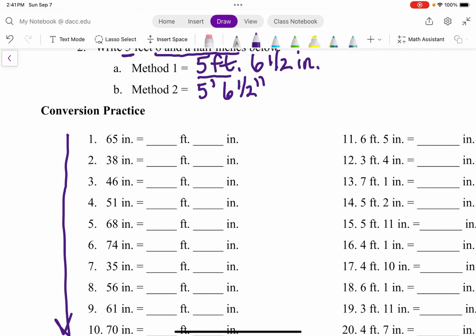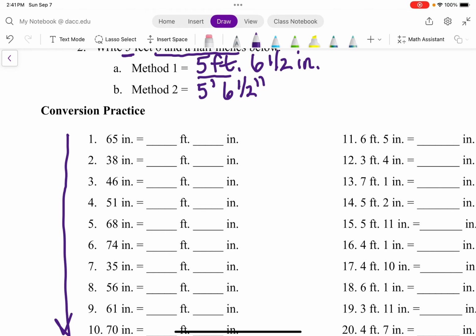We have 65 inches. So how in the world do we figure out how many feet and inches are 65 inches? There's a couple different ways to do this. Let's do it first by doing division. We have 65 inches, but we need to convert it into feet.